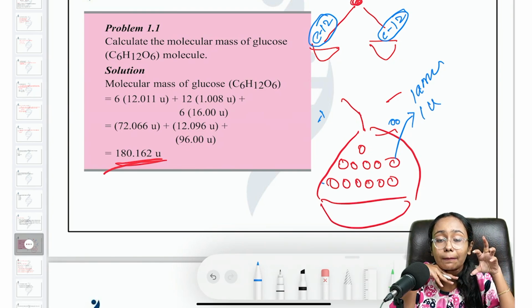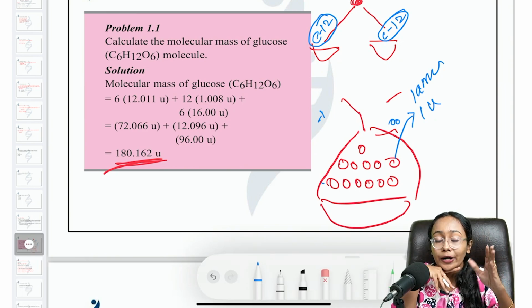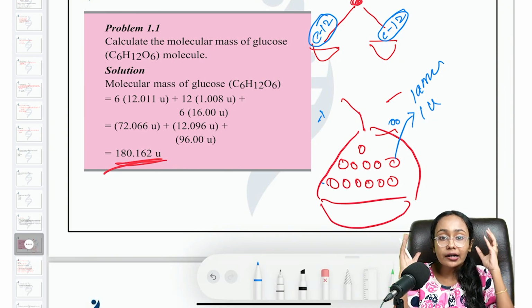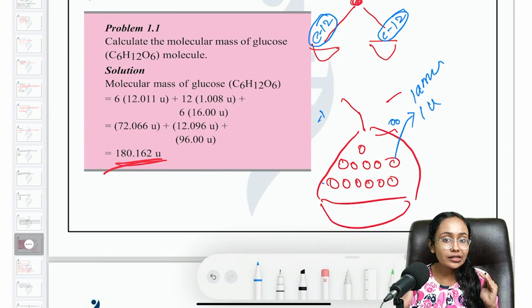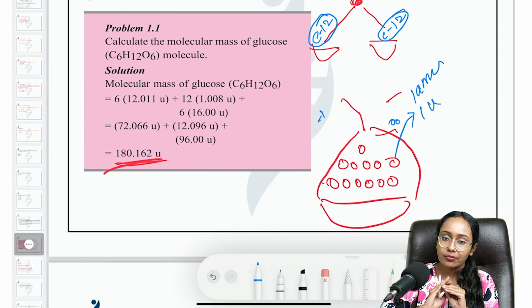It means 1 by 12th mass of C12 atom is called 1 AMU, or 1U, 1 unified mass.